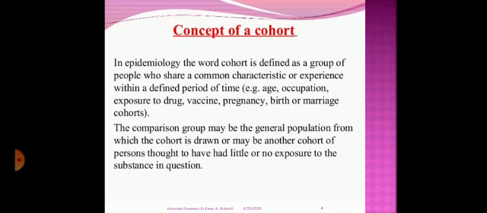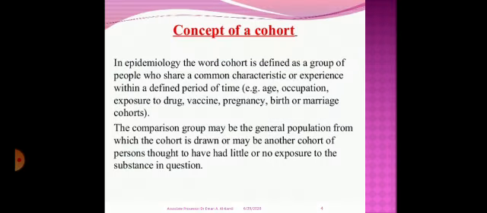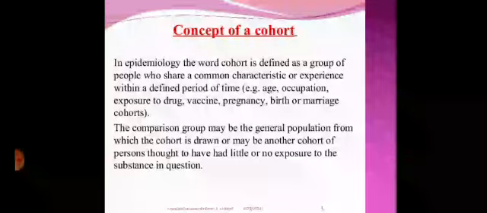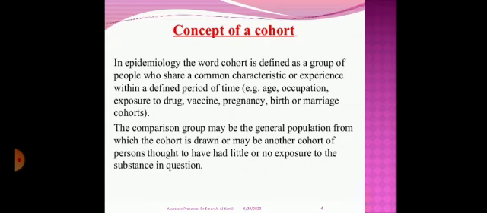So a cohort is a group of people who share the same characteristics regarding age, certain occupation, exposure to a certain drug or vaccine, or pregnancy, for example. If we take the same 9-month pregnancy period of different women at the same time, this is also called a cohort.